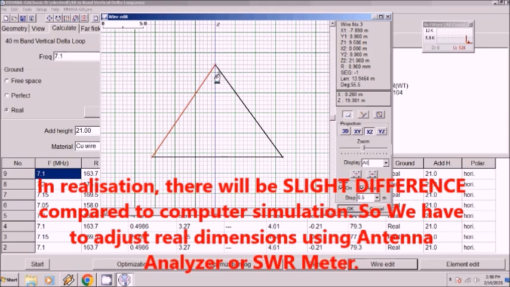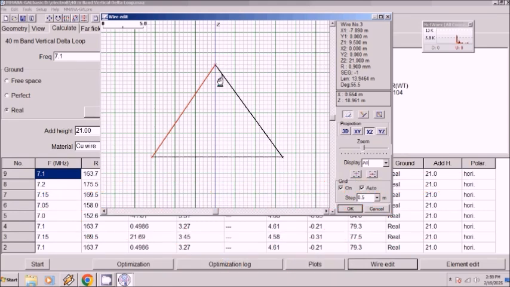Using an antenna analyzer, which gives the R and jX reading here, because between computer simulation and realization in practice, there could be slight differences. So you have to check again, and you have to adjust the length, probably of wire number 1, wire 2, wire 3.